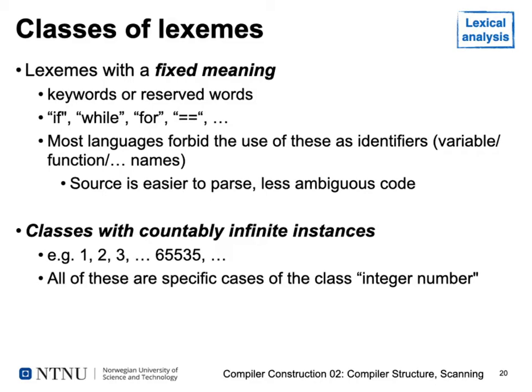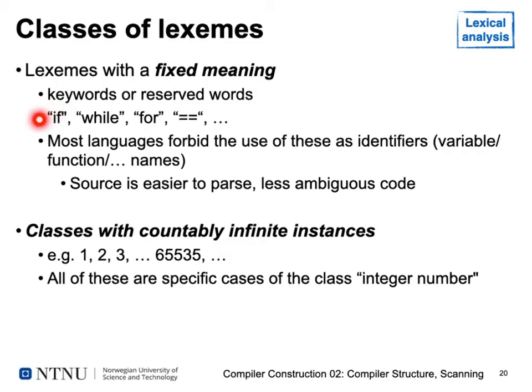So when we have lexemes, we want to classify each and every lexeme into its given class. So we have certain lexemes that have a fixed meaning here. And these are keywords or reserved words. So these are the words making up the structure of our language.